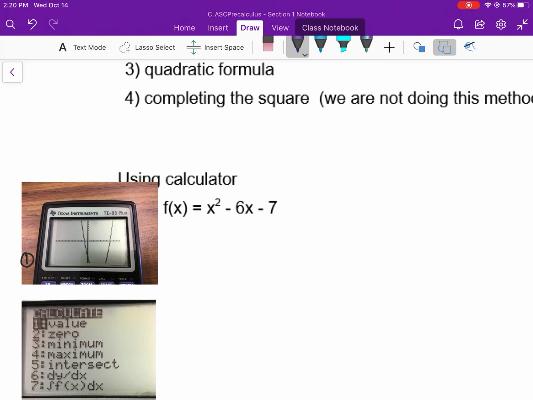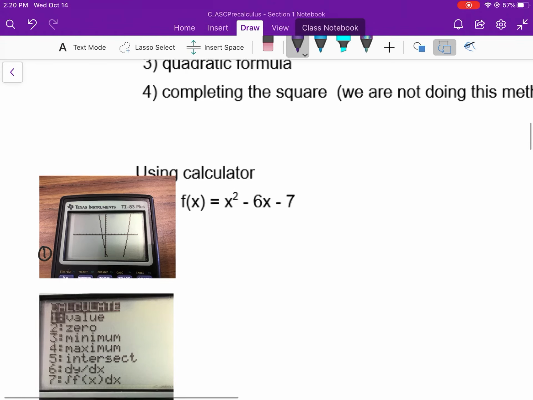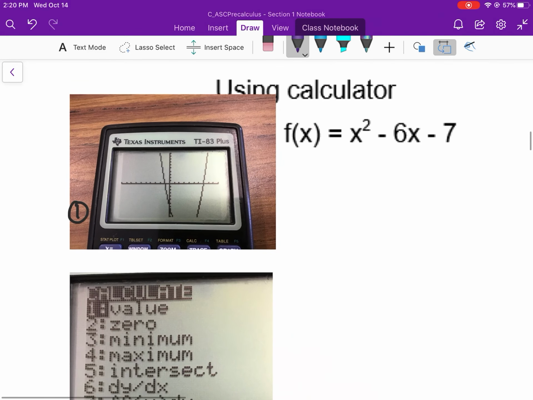So, using our calculator. The first thing you have to do is put this equation into y equals. You all know how to do that. If you look at this first picture, which is an awesome picture, here's my y equals up at the top, which is kind of cut off. Once you put that in and hit graph, which is this button, which I cut off, you get this picture.